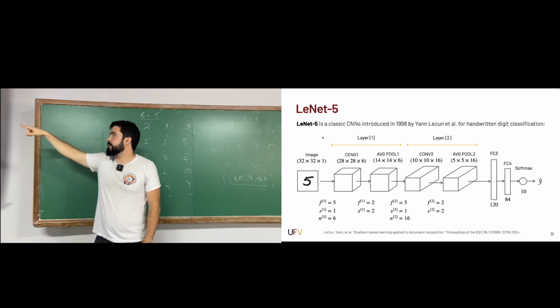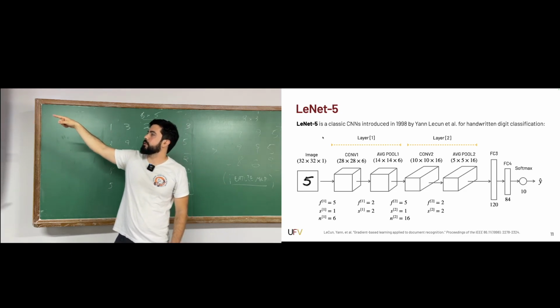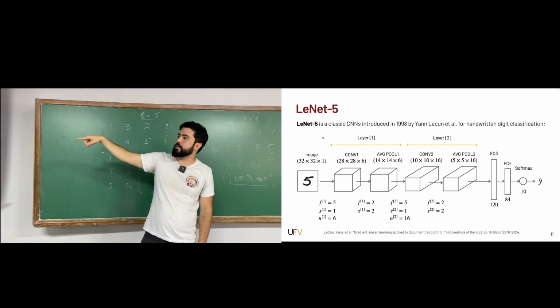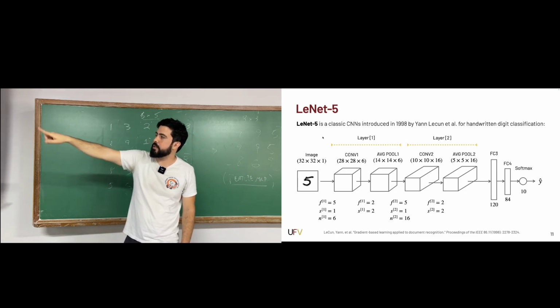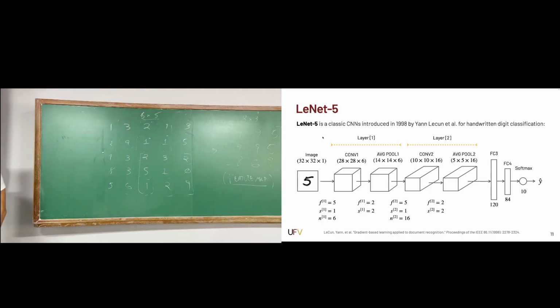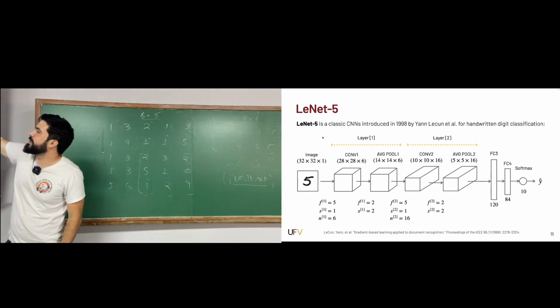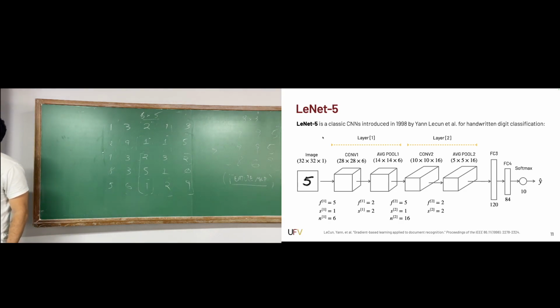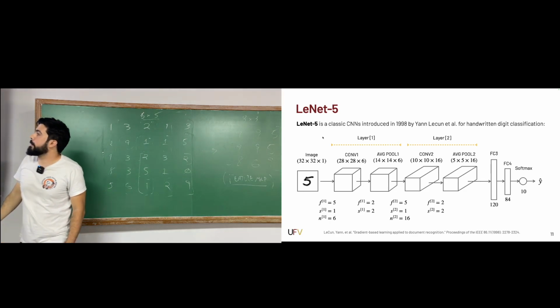And then the average pooling gives you a 5 by 5 by 16, because that average pooling is exactly the same as the previous one. Again, there's no weights in here. There's no weights associated to this arrow here and this arrow here.